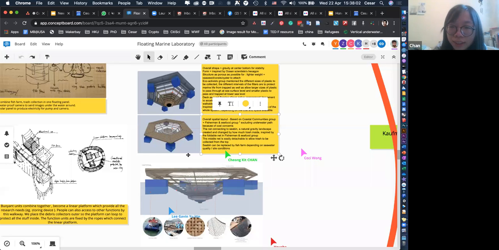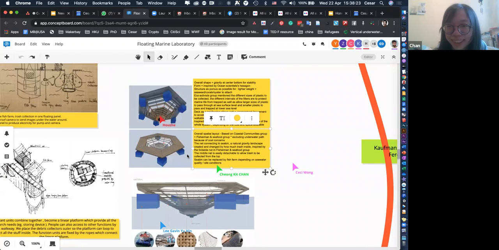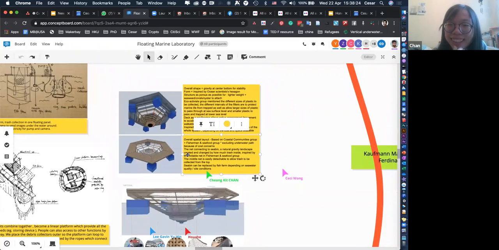I was thinking in geometry because the corner is less sharp. So maybe for the water current or the resistance, it can be less prone to strong wind, but I'm actually not sure.